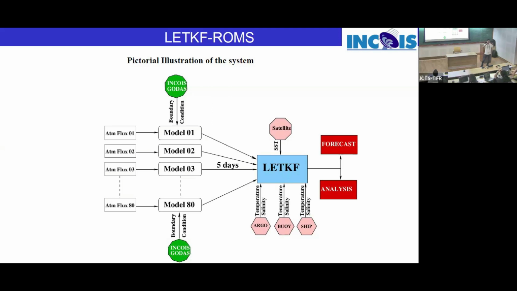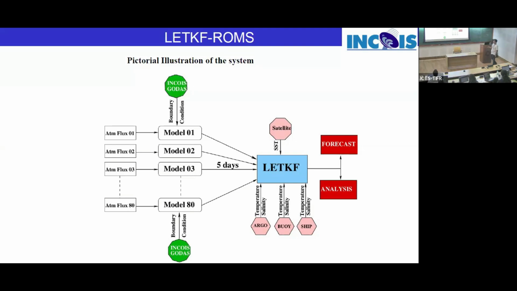So 80 ROMs, ROMs is the model that we use, with 80 different initial conditions, 40 of which respond to one mixing scheme and the other 40 respond to the other mixing scheme. Each of these models are forced with different atmospheric fluxes, which are provided by NCMRWF.